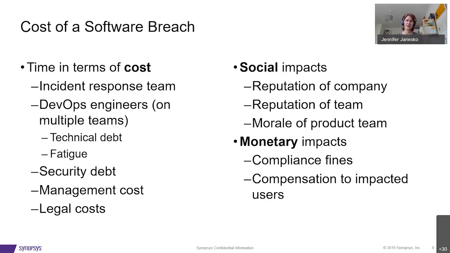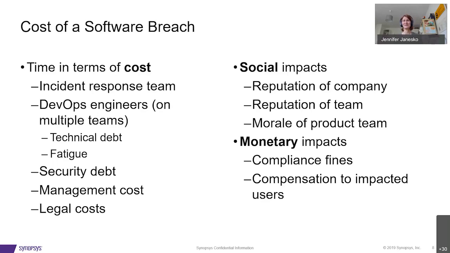You also have legal costs. Legal sometimes has to get involved because you have end users who could be potentially impacted. Then you have your social impacts. There's the reputation of the company that you have to worry about, and the reputation of the actual team who is the root cause of the problem.